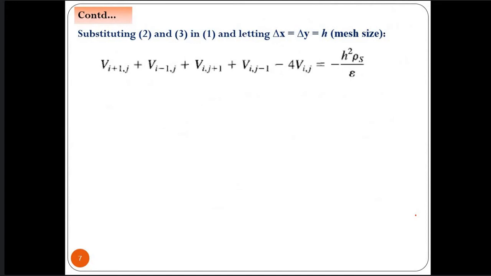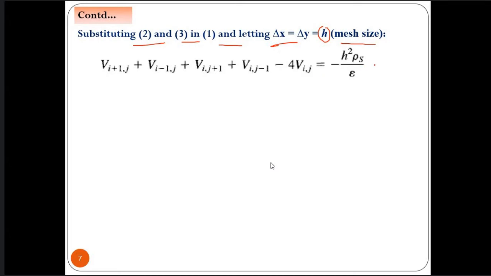Now to sum up with the Poisson's equation, if you substitute equation 2 and 3 in 1, and in place of del x and del y, if you put h, where h is the mesh size, you will get this particular equation: v of i plus 1 comma j, v of i minus 1 comma j, v of i comma j plus 1, v of i comma j minus 1, minus 4 of v i comma j equal to this.